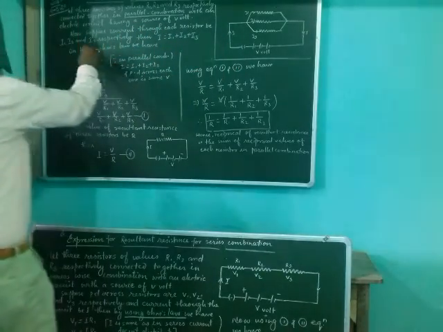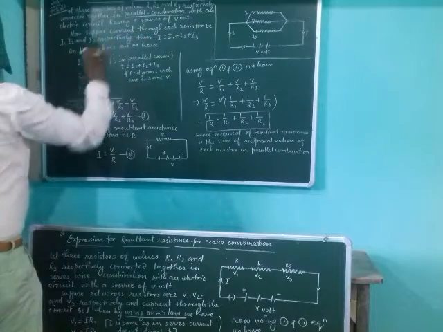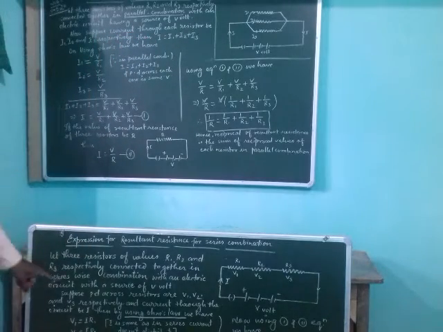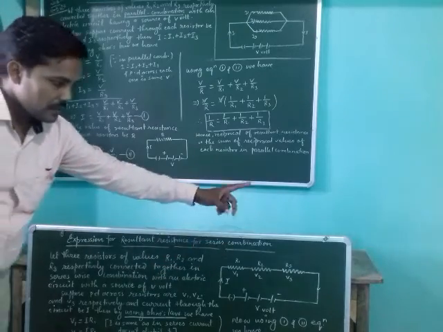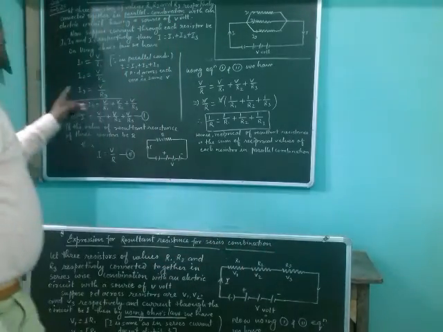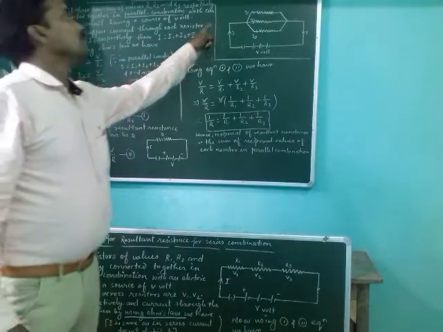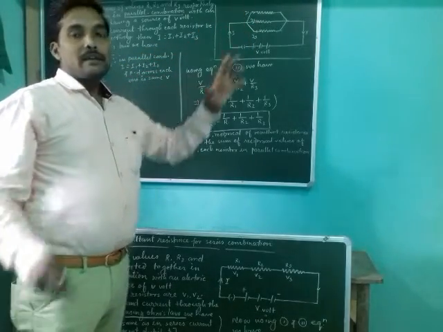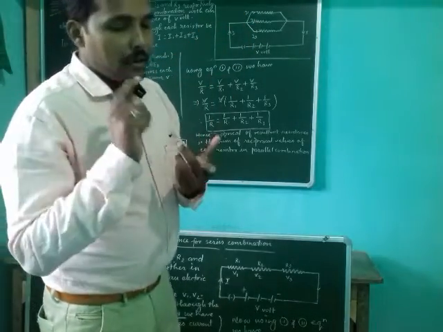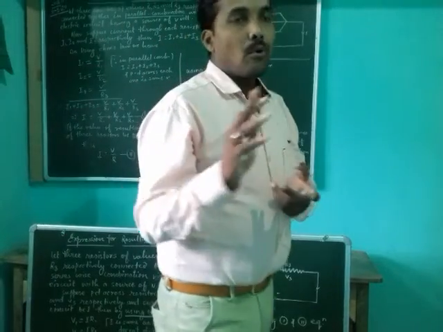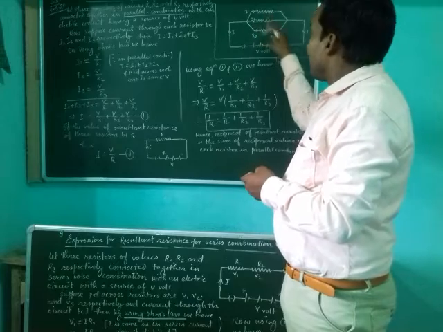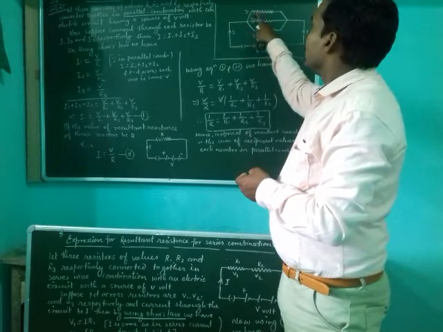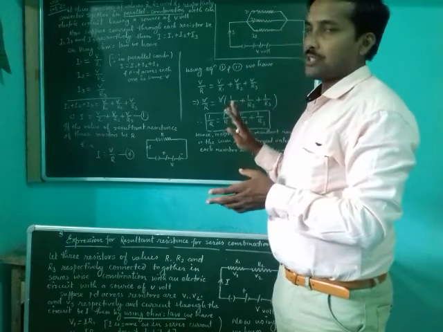Same thing. Keep in mind that in series the voltage V across the ends of each resistor was changing, but now the current is going to change. Why? Because you know very well that in parallel combination the voltage remains the same across the ends of every resistor, but the current is distributed among the resistors.